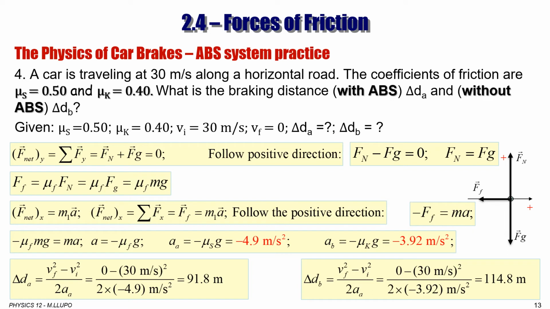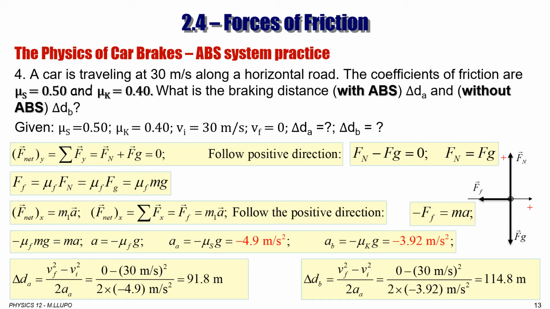Let's do the other one without ABS, so now with kinetic friction instead of static friction. The same thing: 0 minus 30 meters per second squared, divided by 2 times minus 3.92 meters per second squared. And the answer here is 114.8 meters.